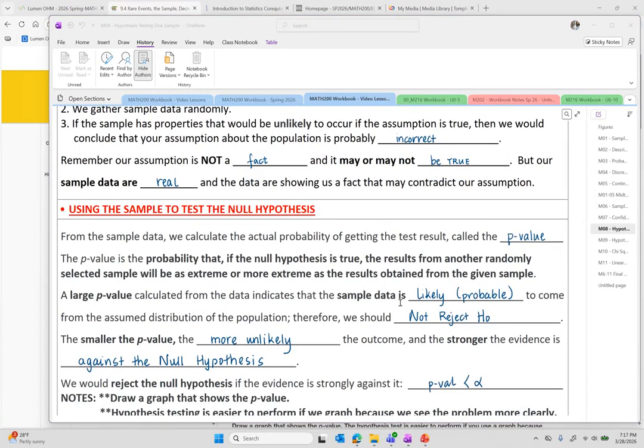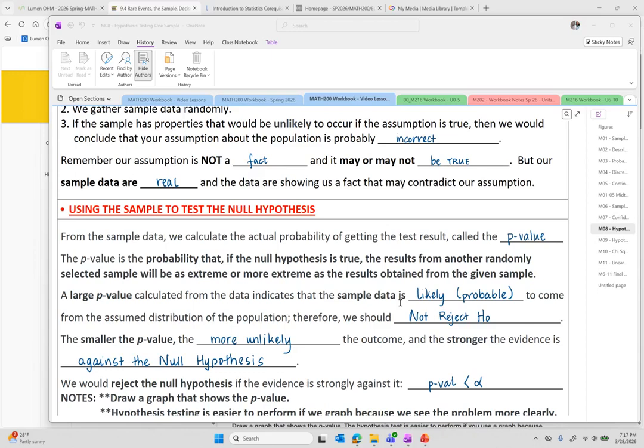But if we have a very small p-value, as in the case of pulling only black cards, we ended up with a very small p-value because we were multiplying 1/2 times 1/2 times 1/2 times 1/2 many times. We ended up with a very small probability of coming from a standard deck, so we have an unlikely outcome.